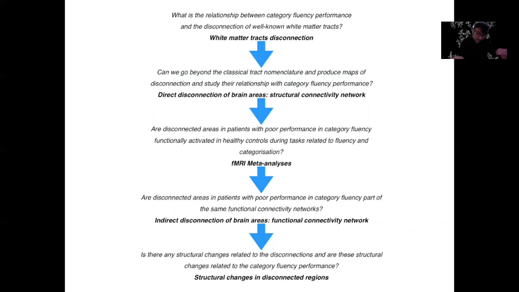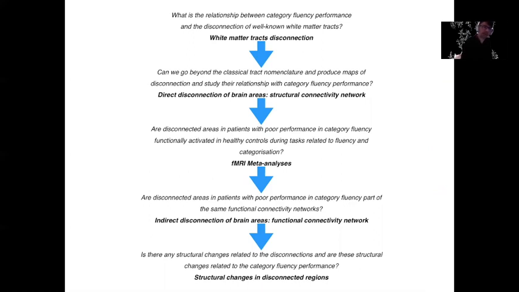For category fluency, for example, I didn't present it here because there are absolutely no results when you do classical VLSM, voxel-based lesion mapping, where you look at the localization of the lesions that will be related to impairment. You never really find any regions that are significantly responsible when damaged for category fluency. But if you look at the disconnection of white matter tracts, you do find some.